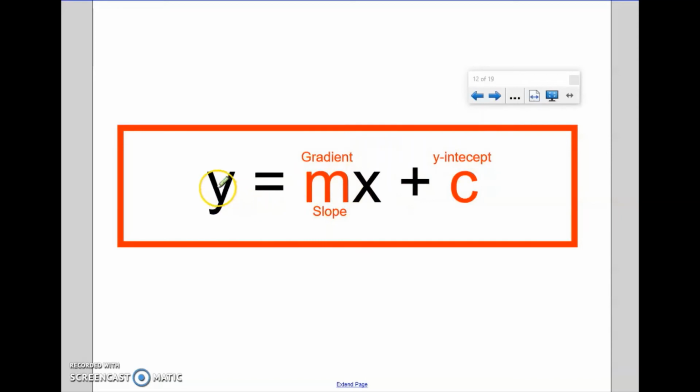Mathematically speaking, we say y equals mx plus c, when m, the coefficient of x, the number in front of the x, represents the gradient or the slope of a line. So the higher this value is, the greater the slope, the greater the steepness. And the c value, this represents the y-intercept. At what point your linear graph will cross the y-axis.